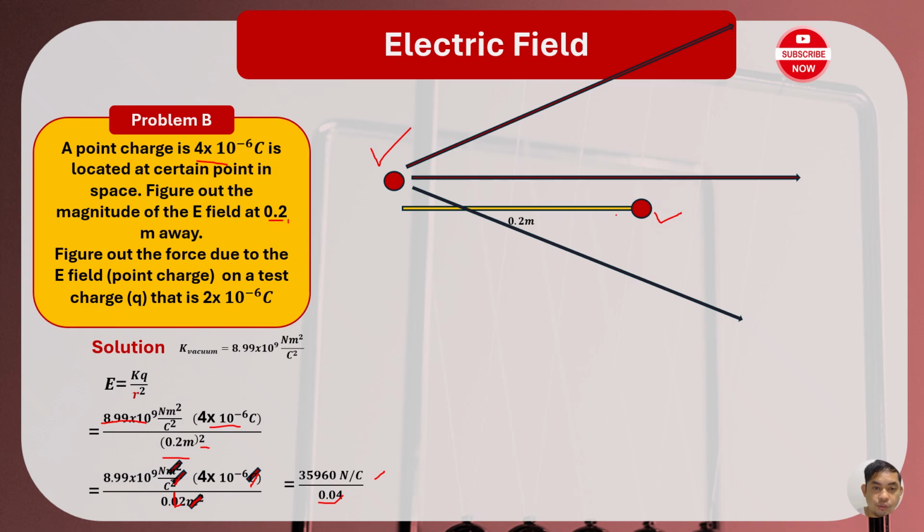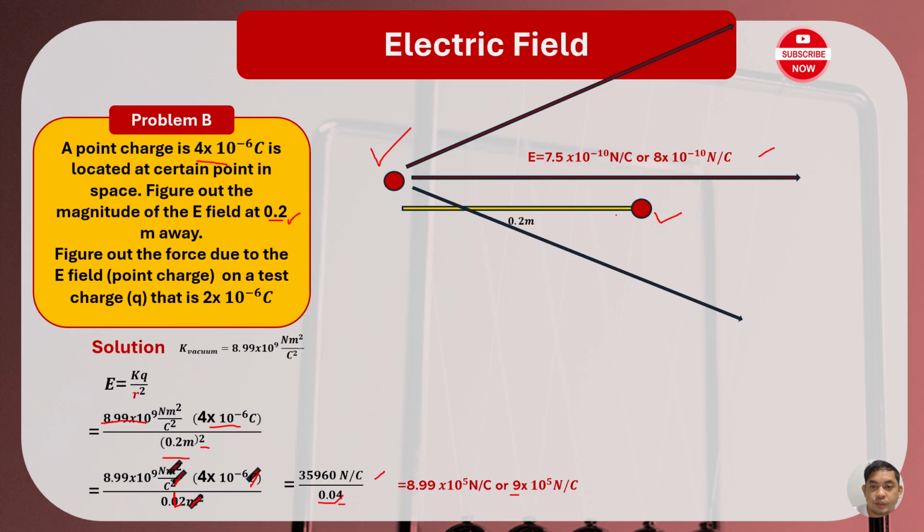Again, it's 0.2, not 0.02. Okay? And then if you divide it, you will get a quotient of 8.99 times 10 raised to 5 Newton per Coulomb, or we can follow the sig fig, since we have one sig fig as our limiting factor, so we must have one sig fig in our final answer. So that's it, that's the electric field generated by our source charge or point charge.